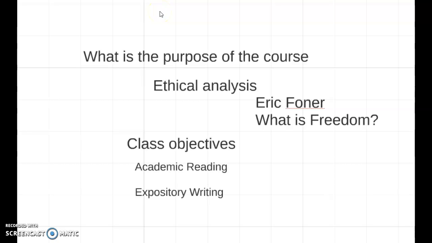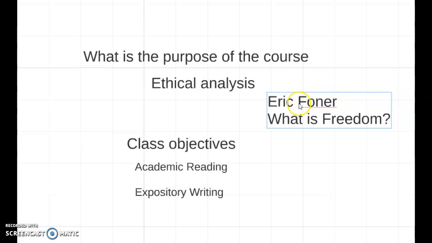So, quick refresher: the purpose of the course is ethical analysis, and we're using Eric Foner's book, Give Me Liberty, in which he is really asking, what do we mean by freedom when we ask, give us freedom?